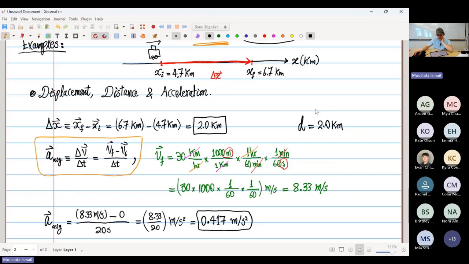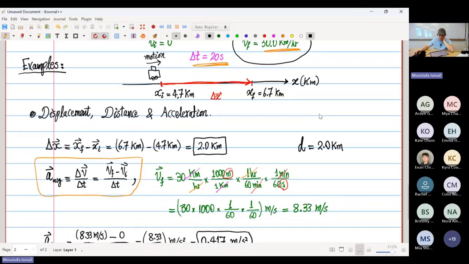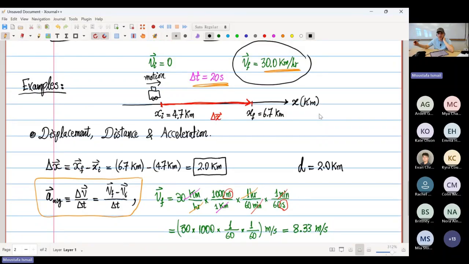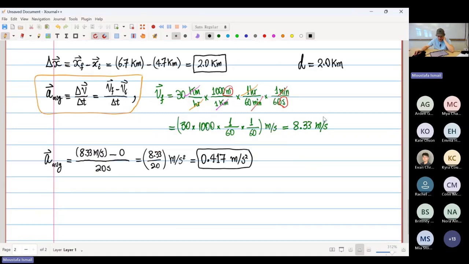This is a positive acceleration. Velocity was also positive. That means the cart or the truck was speeding up throughout the process, which makes sense because it starts from rest and it gains speed until it gets to 30 kilometers per hour. So it must have been speeding up. That's the only logical way to get to that velocity in that time. So that's consistent with the fact that we got a positive acceleration with a positive velocity.